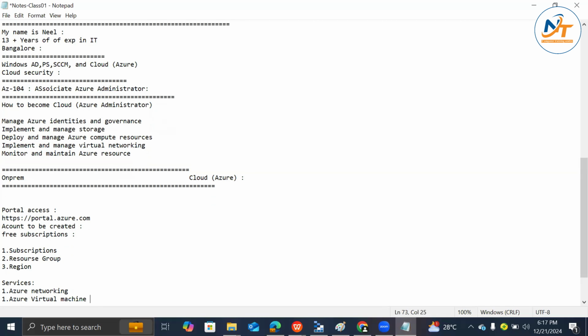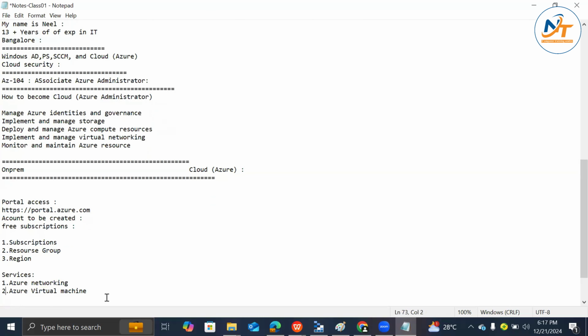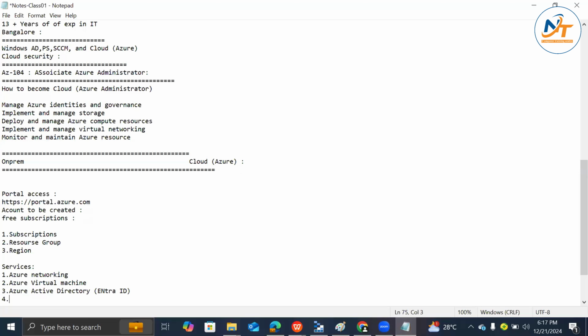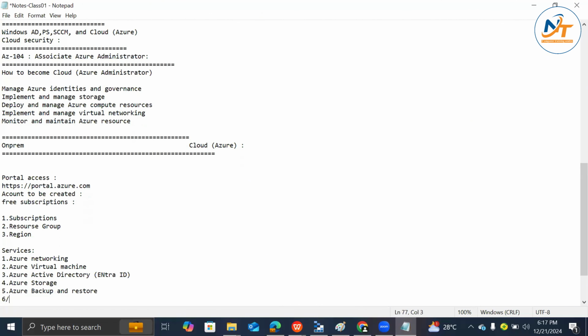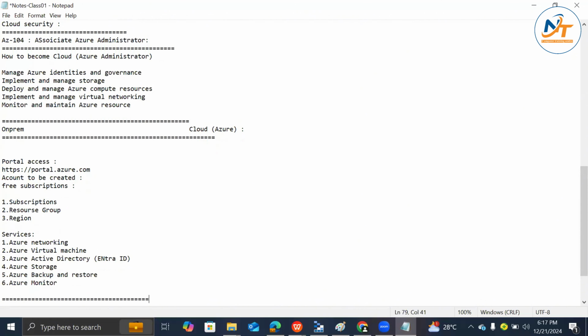We will talk about Azure Active Directory, which is called Entra ID, and we will talk about Azure storage, Azure backup and restore, and Azure Monitor. So these are the services we are going to talk about throughout our journey.